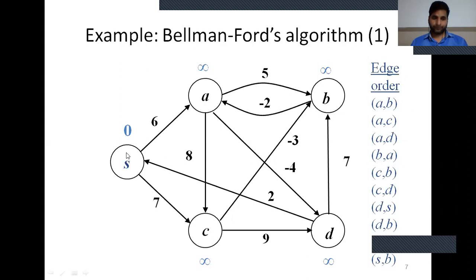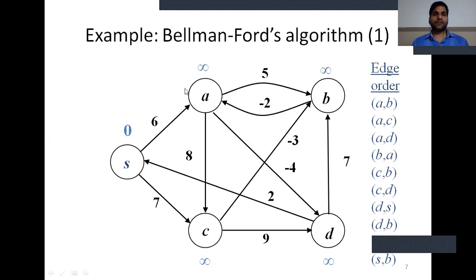Now find the edges in order: A comma B, A comma C, A comma D, B comma A, C comma B, C comma D. This is the edge order. First we apply the two paths S to A, this is the vertex A, and S to C, this is this vertex, and all adjacent edges are right here.